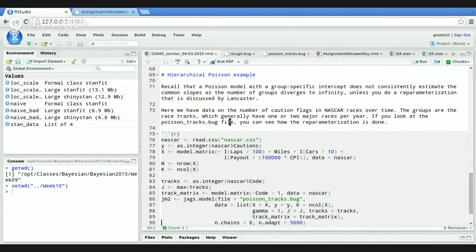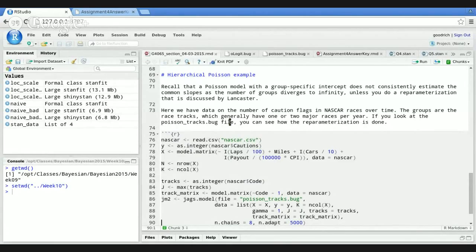But that might very well be a characteristic that differs from track to track, depending on how fast they are and the number of cars on them and how wide the lanes are and stuff. So we might think there's heterogeneity from track to track.